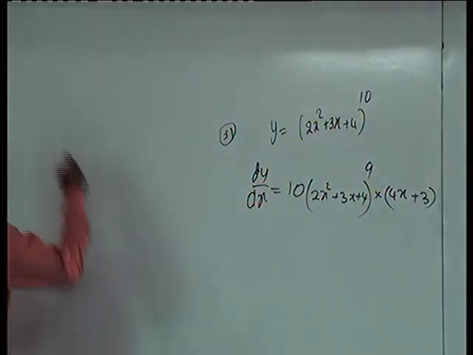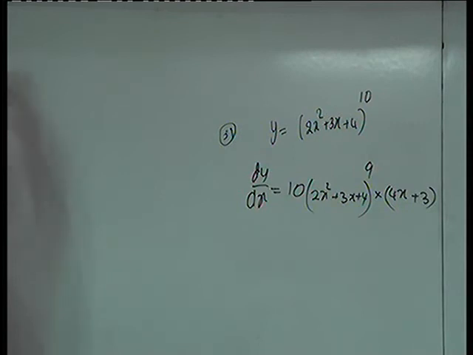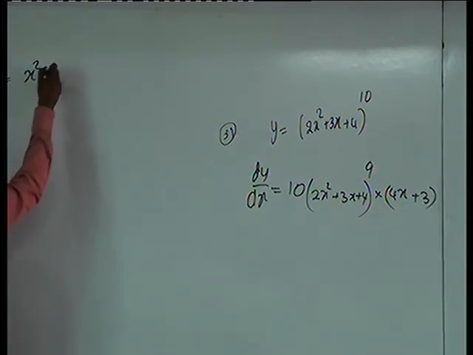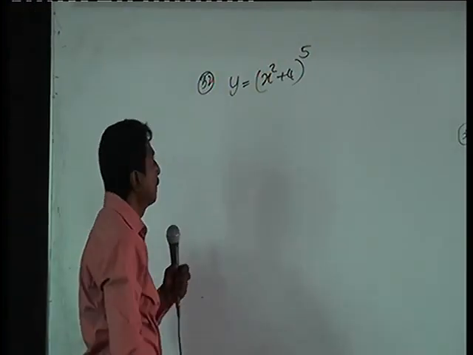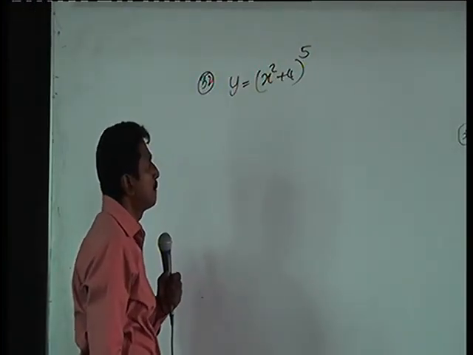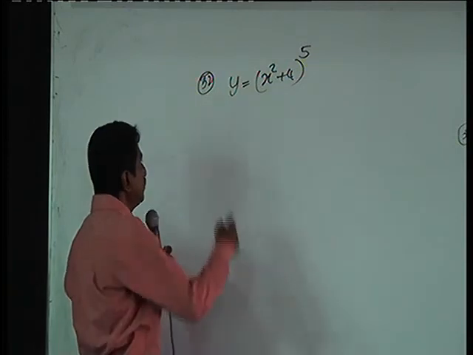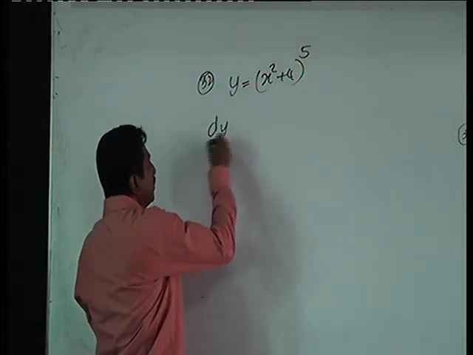The next one: y is equal to x squared plus 4 to the power 5. Differentiate this function, dy by dx.